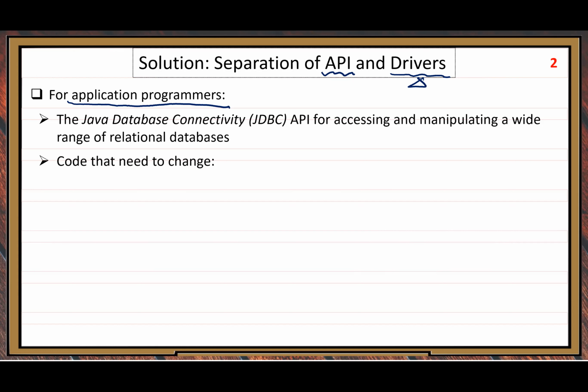Before I go to the second one, let's look at what happens when we switch from one DBMS to another one: how much code do we need to change? API, we do not need to change. But we need to change something.